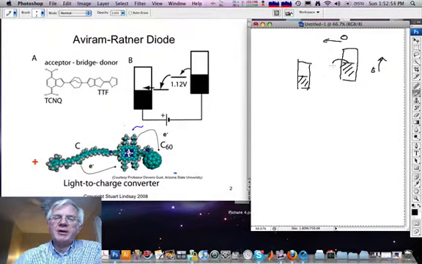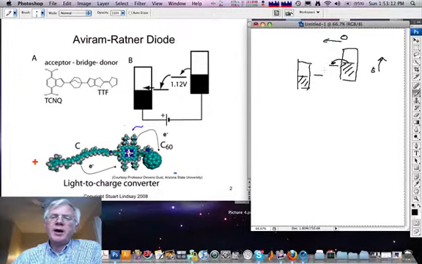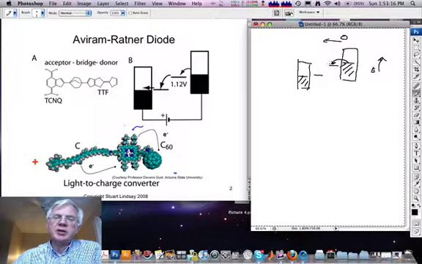And what Ratner and Aviram proposed was that on one side of the gap, one have this molecule TTF, and on the other side of the gap, this molecule TCNQ. So the occupied electronic states of these two, or available electronic states, are separated in energy by about an electron volt.